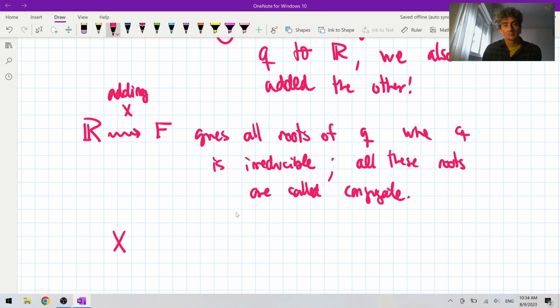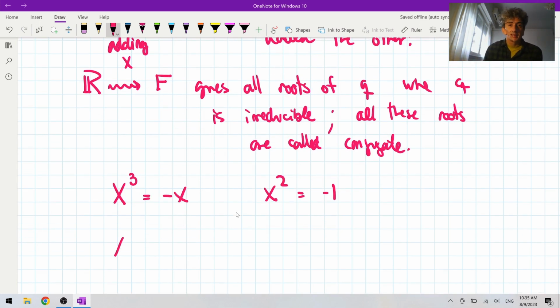Okay, so in this new field f, x is an element of the field, and x cubed gives minus x, x squared gives minus 1, and if you take a look at x to the fourth, then what you have is x squared minus 1, and this is minus 1, and this is 1.